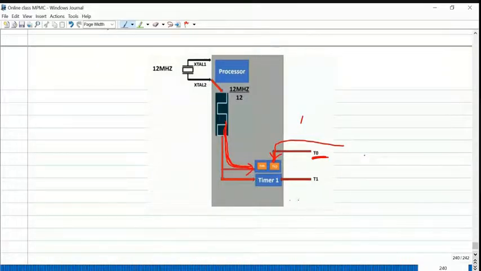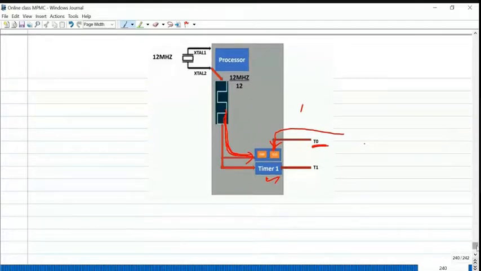Usually this timer mode is associated with serial communication. We will discuss later what the role of timer 1 in serial communication is. So that's all about timer counter special function registers and their modes of operation.